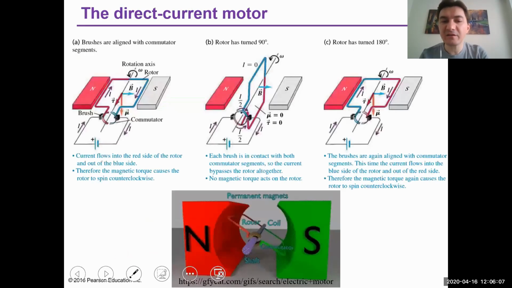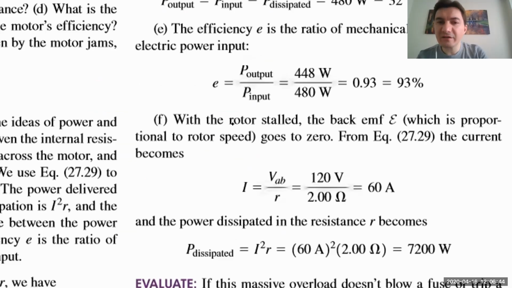If this current-carrying loop is moving in the magnetic field, then there will be EMF. If it is stopped, there will be no induced EMF, okay? The back EMF, which is proportional to rotor speed, will be 0 since the motor is stopped.